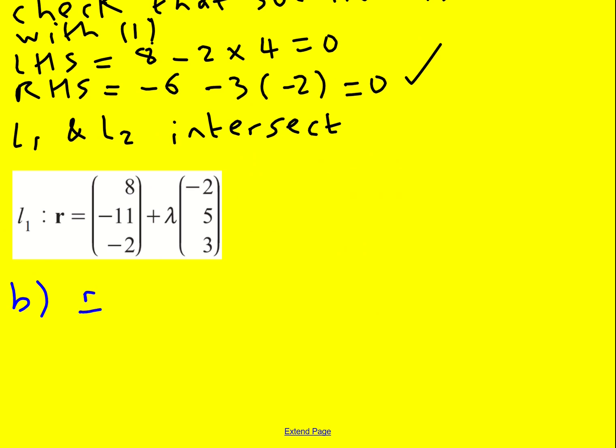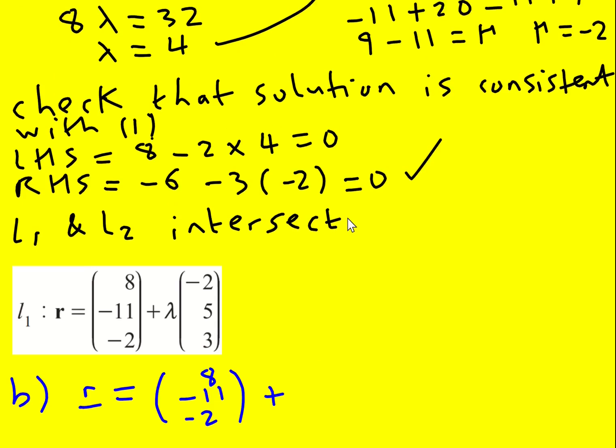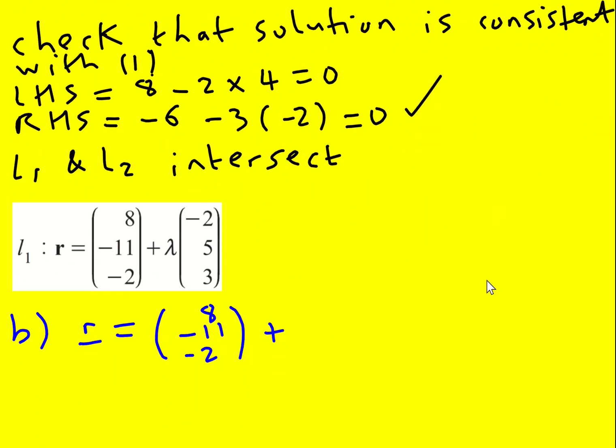So R is going to equal (8, -11, -2) plus, and then remember we've shown that lambda's 4, so I can just multiply them through: (-8, 20, 12).